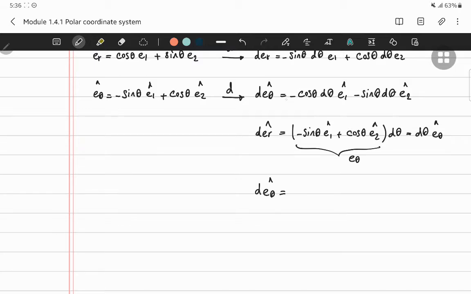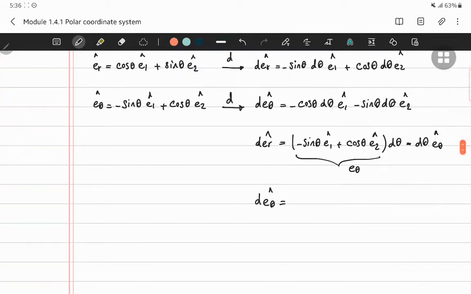So if we take out this minus, it becomes cosine theta, and factor out this d theta. So this becomes cosine theta e1 plus sine theta e2, minus d theta. This is nothing but er here.